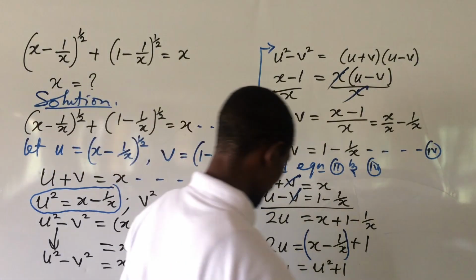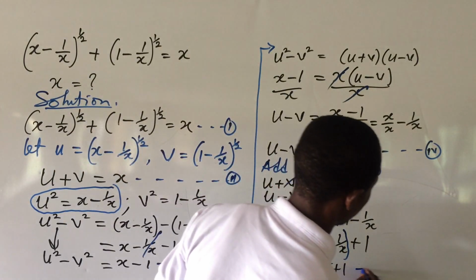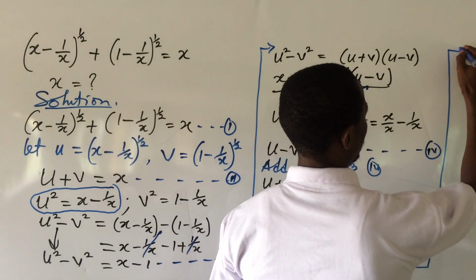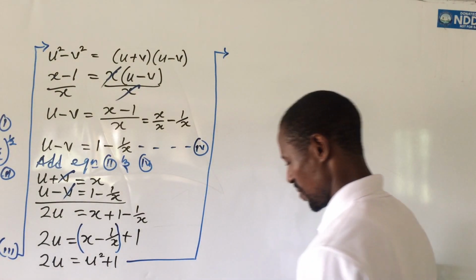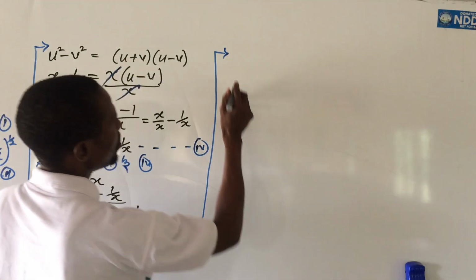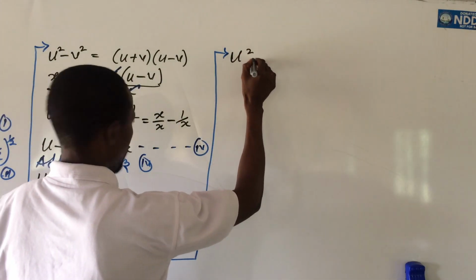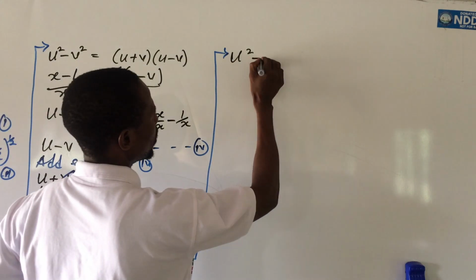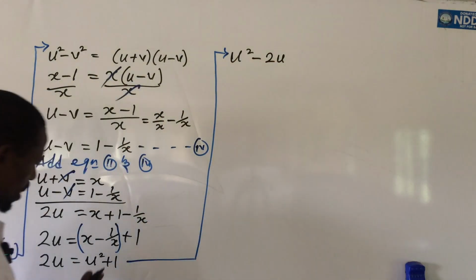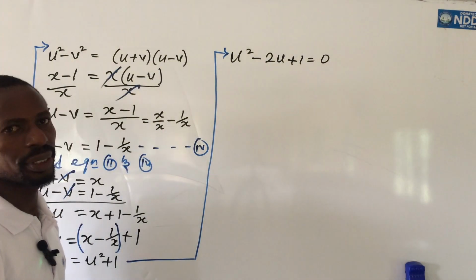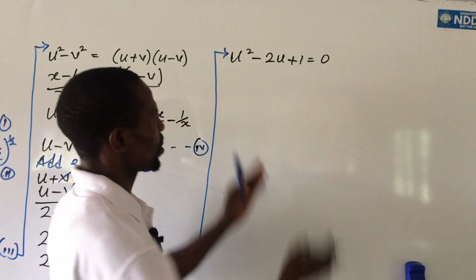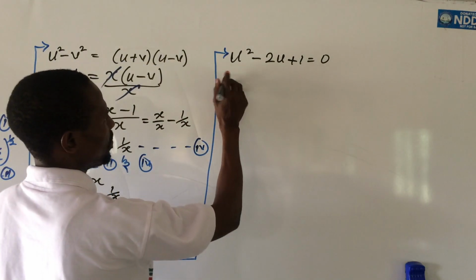Good. Let's continue from this other side. Let's rearrange our equation. If we rearrange, we're going to have u squared minus 2u plus 1 equal to 0. This is a quadratic equation, so let's factor this using the factorization method.